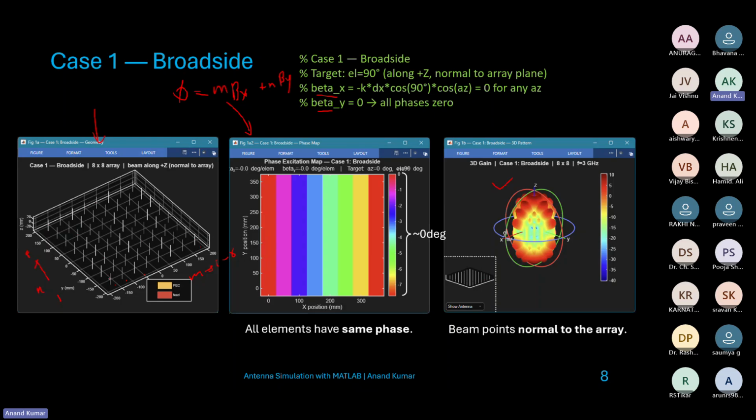And this will create a mesh, and the first dipole will be at 1 comma 1, and the last dipole will be at 8 comma 8, and for example this dipole will be at 1 comma 8, and this dipole will be at 8 comma 1, like this.